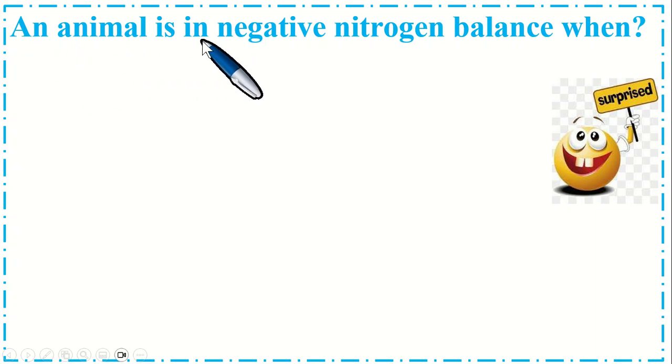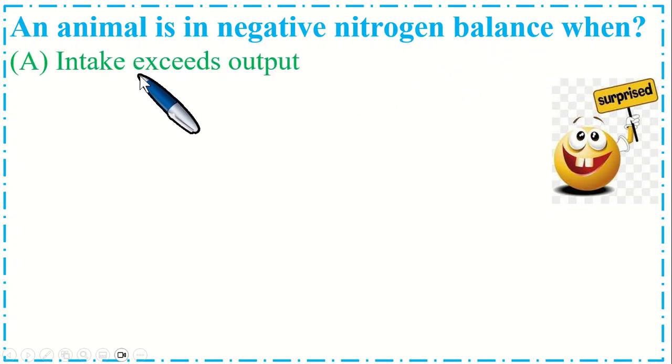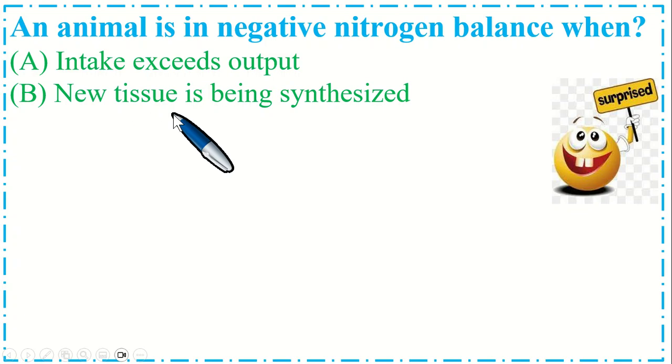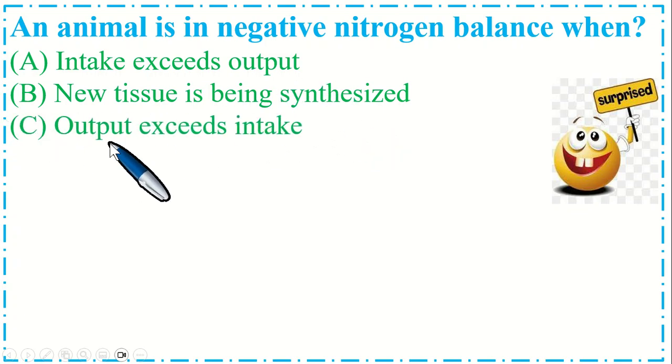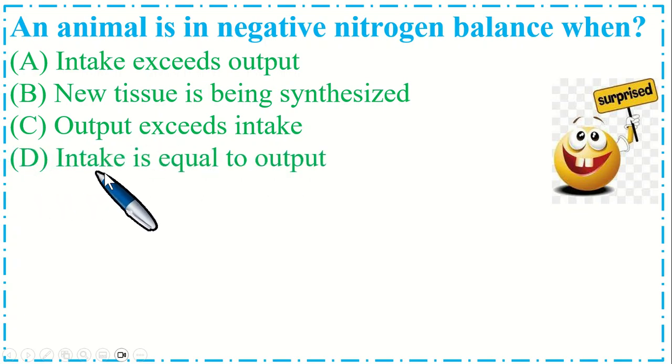An animal is in negative nitrogen balance when option A, intake exceeds output; B, new tissue is being synthesized; option C, output exceeds intake; and option D, intake is equal to output.